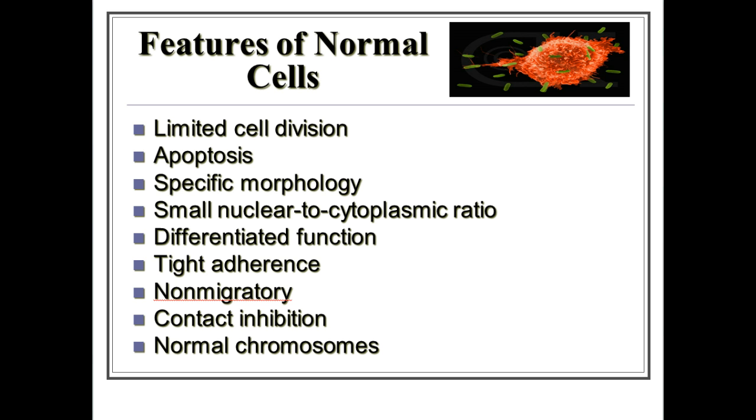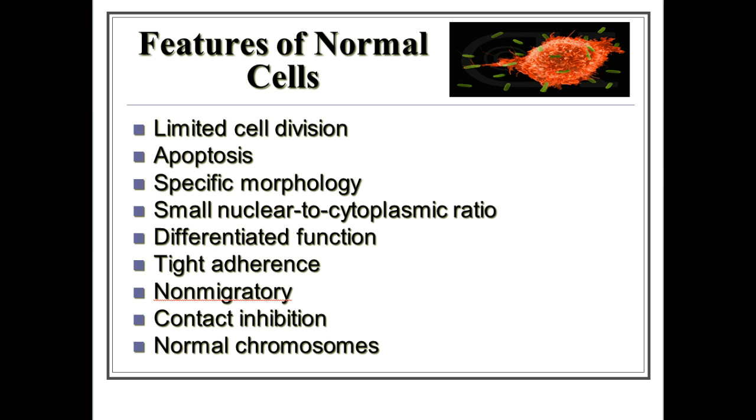And they're non-migratory, which means that they're not all over the place. If you want to put that into perspective, you can think about it in terms of when a person has a cancer cell. There are occasions when they talk about cancer cells metastasizing. So basically what they're saying is that a normal cell is non-migratory, which means that it's not going to go from one area to the other.